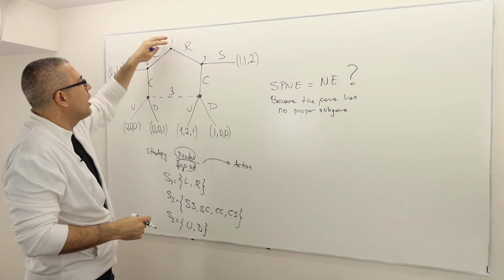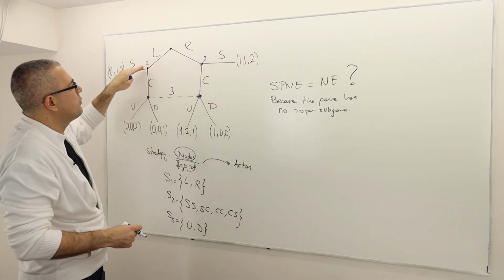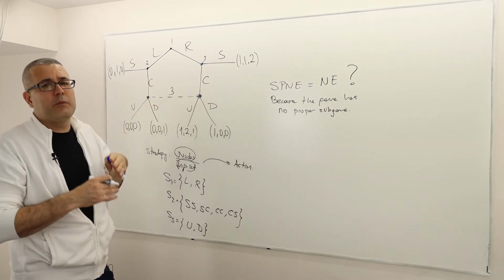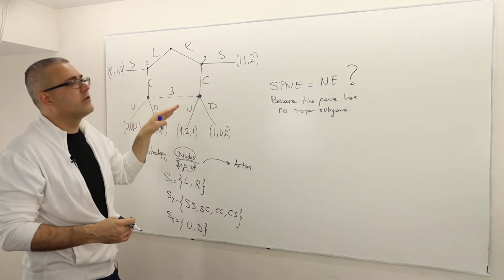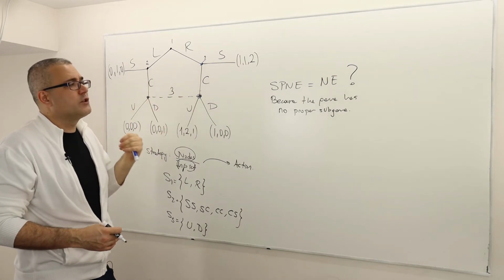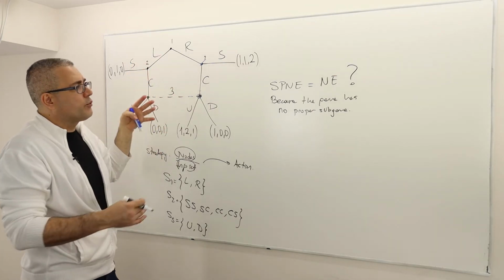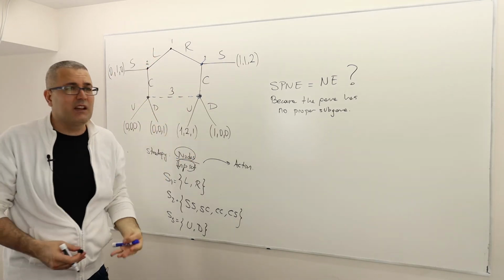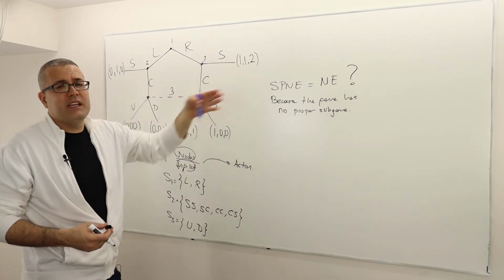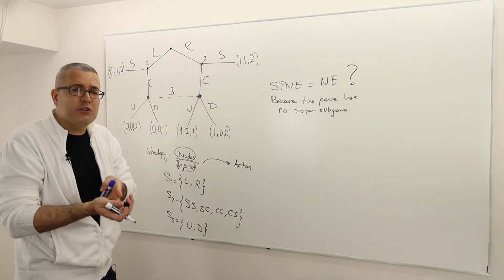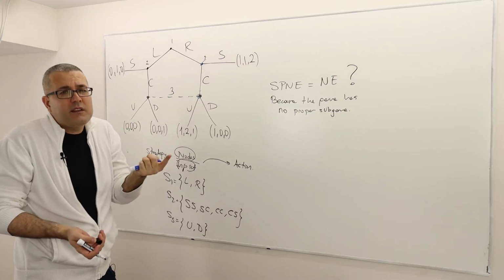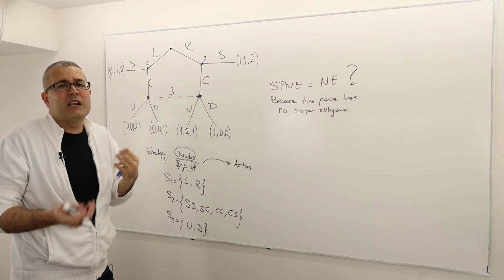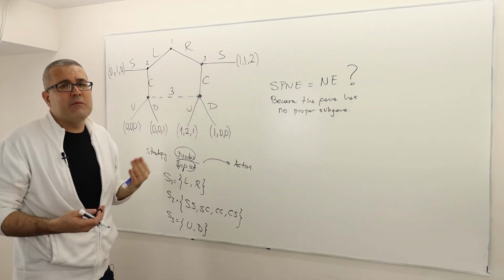A proper subgame should start with player 2 or player 3 in this game, but we just argued that there's no subgame starting with player 3's or 2's decision nodes, and hence there's no proper subgame. Because there's no proper subgame, there's only one subgame of this game, which is the game itself. And by definition, SPNE, subgame perfect Nash equilibrium, is the Nash equilibrium at every subgame. But there's only one subgame, which is the game itself. And so SPNE and Nash equilibrium mean exactly the same thing in this game.